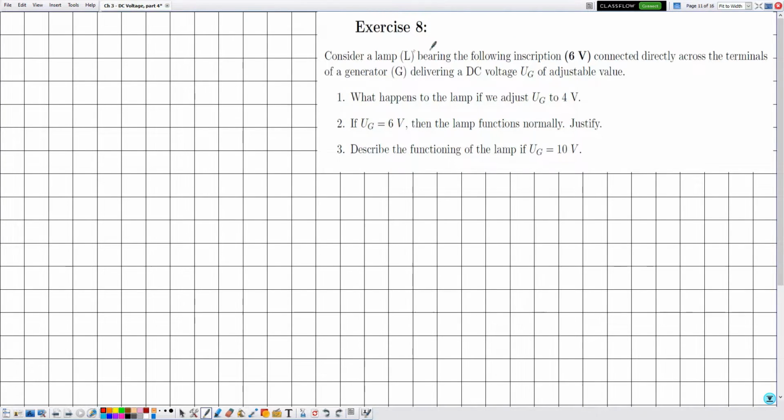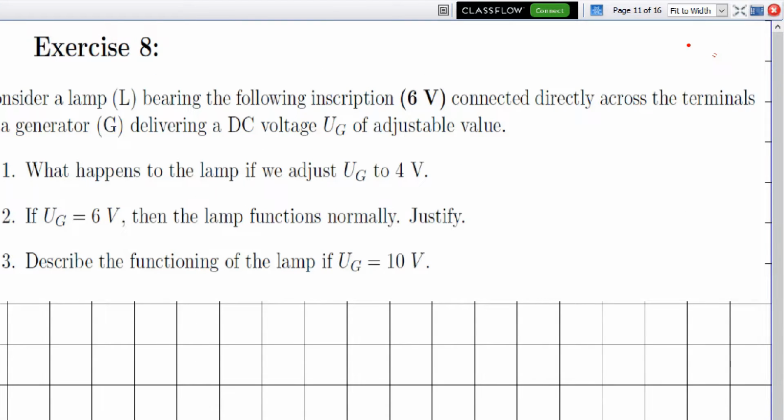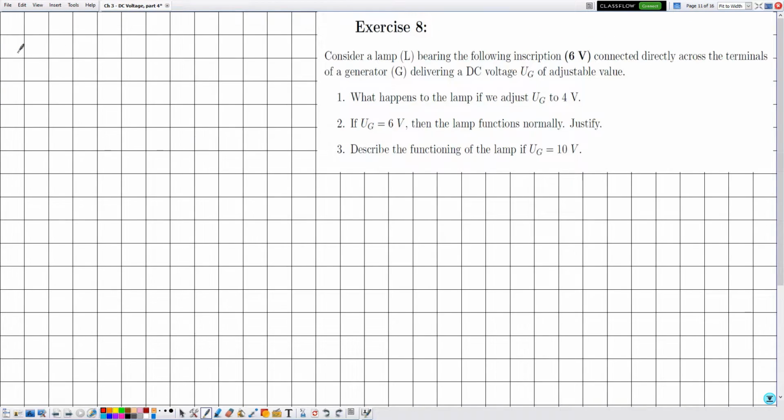So this lamp bearing the indication 6 volts is connected directly across the terminals of a generator G, delivering a DC voltage UG of adjustable value. So here we have a battery, for example, of voltage UG, and we can adjust it as we wish. For example, UG may be 1, 2, 3, up to 20 volts. According to the value of UG, we will describe the functioning of the lamp.